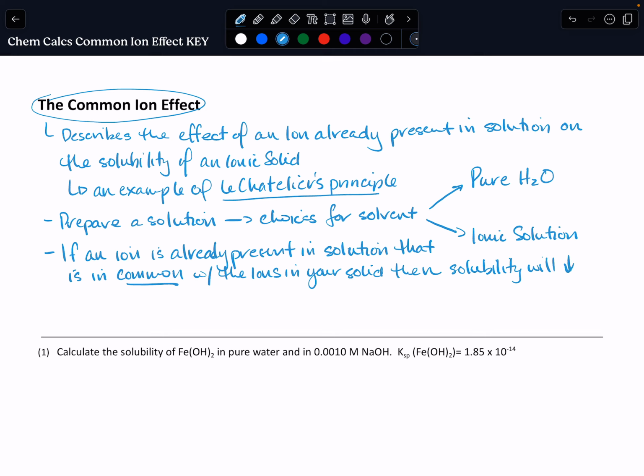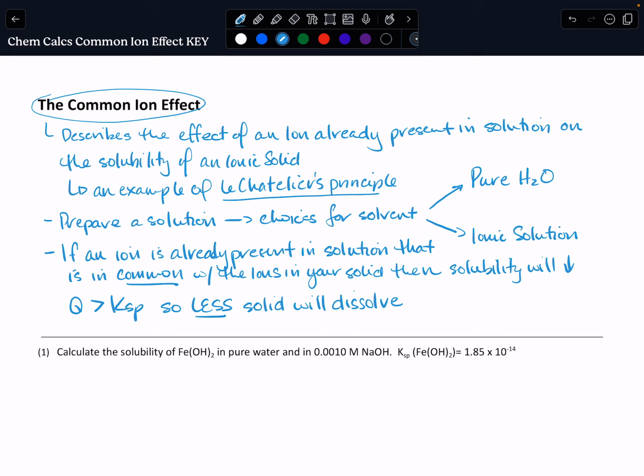The reason for this is that when you run your calculations, you're going to find that your reaction quotient is going to be greater than your Ksp value. And so because of that, less solid will dissolve.